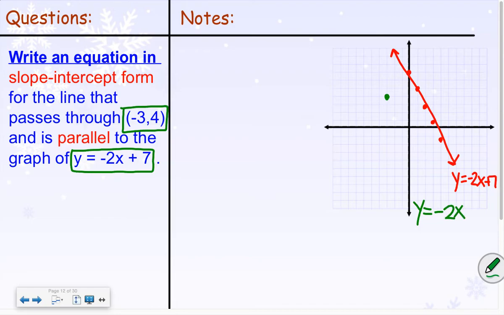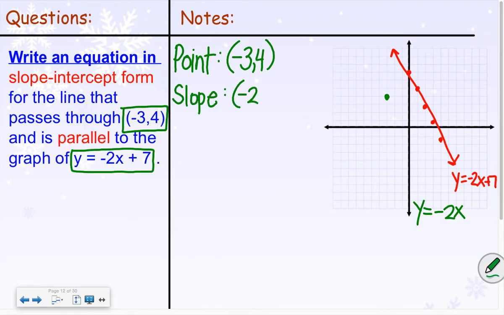Since my original line has a slope of negative 2, my new line will as well.